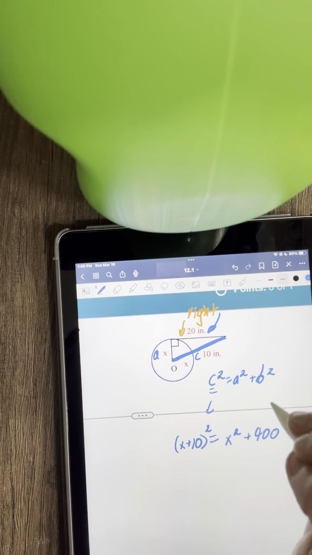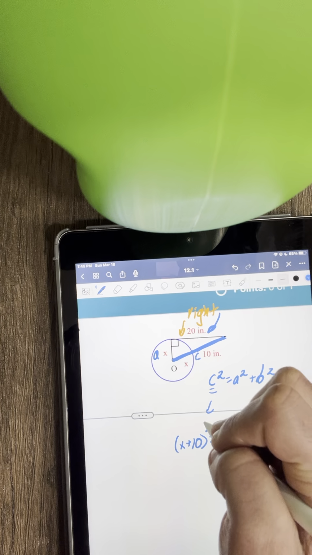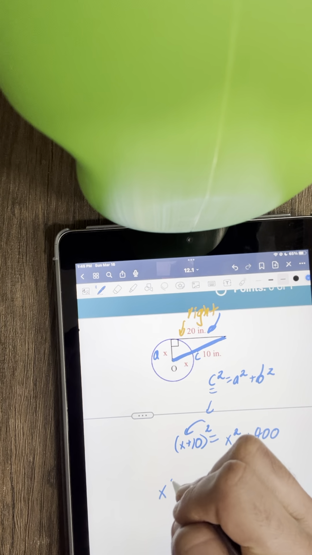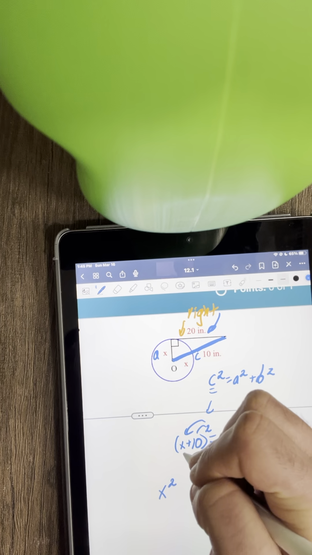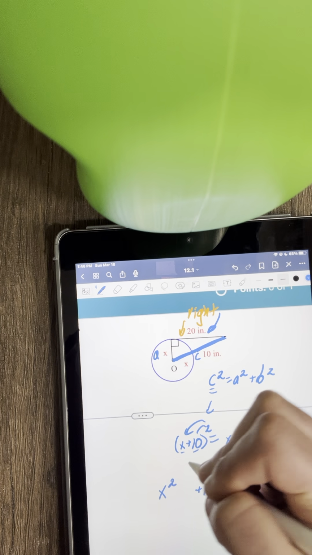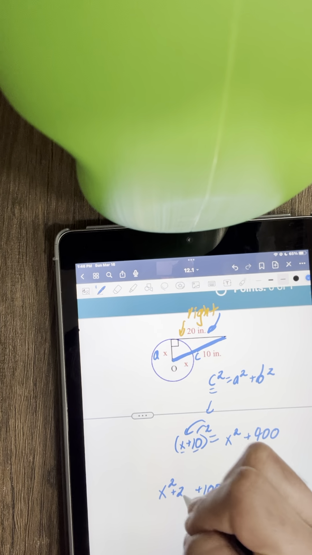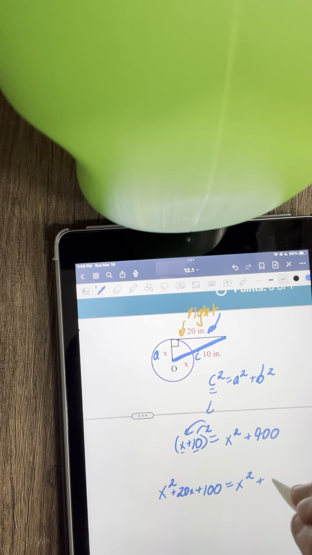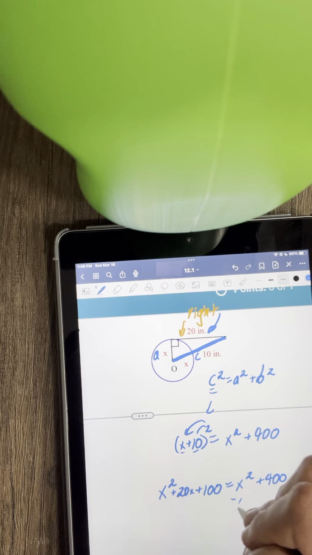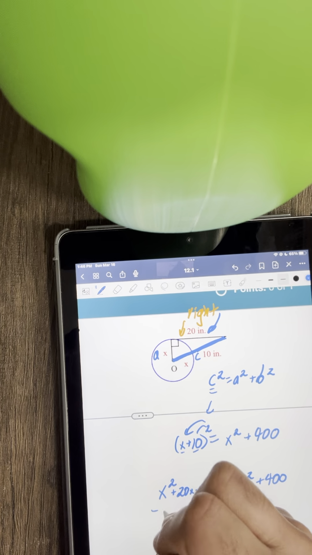Now, whoops, I forgot to add that. Do you guys remember the way we do this? What is x squared? Well, x squared. What is 10 squared? It's 100. Now, what is x times 10 times 2? That's plus 20x, equals x squared plus 400. Now, I'm going to move all my constants to one side and all my variables to another. So I'm going to subtract x squared here, subtract x squared here.